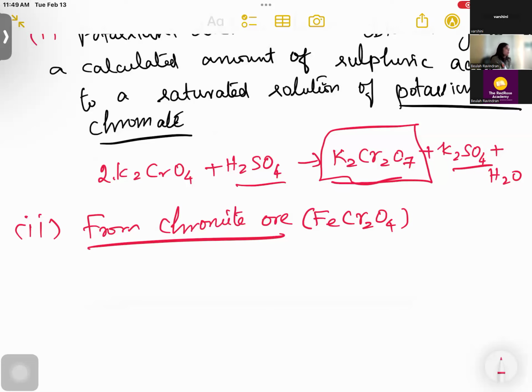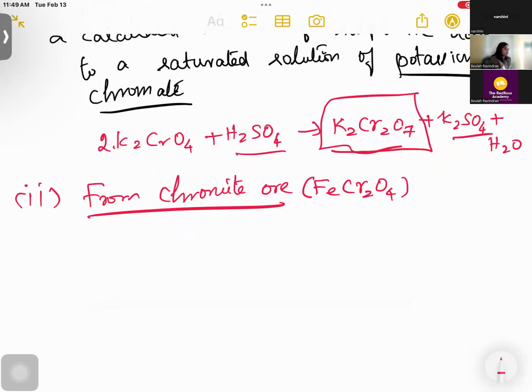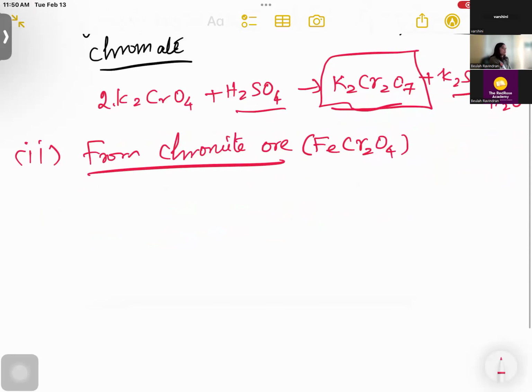First, the preparation of sodium chromate, as I told you. You have to prepare sodium chromate first. Chromite ore is mixed with soda ash and then quicklime. The mixture is then roasted in a reverberatory furnace in the presence of air. You can always connect everything to kitchen things, like how we roast something in the kitchen.